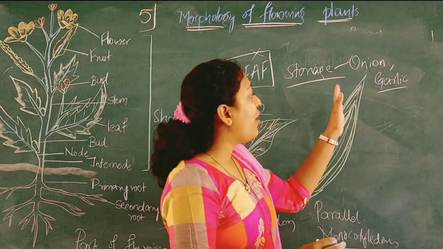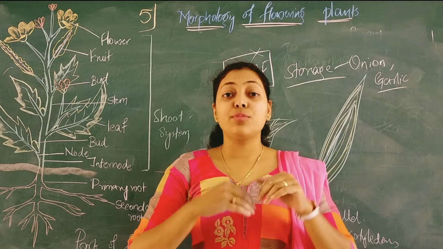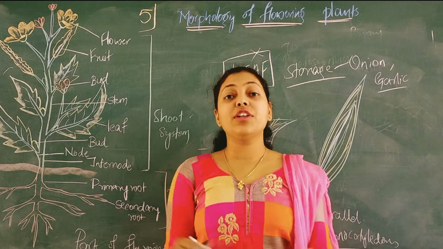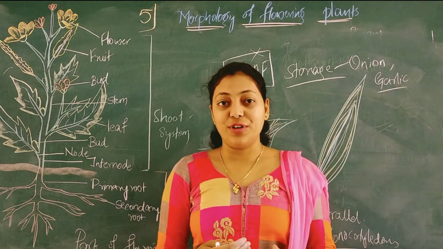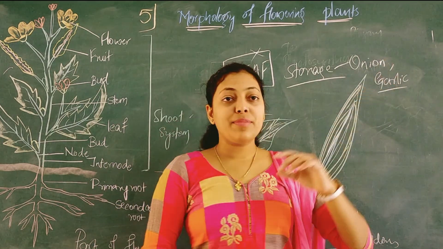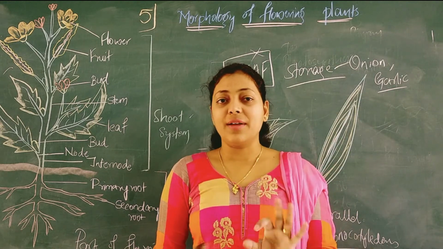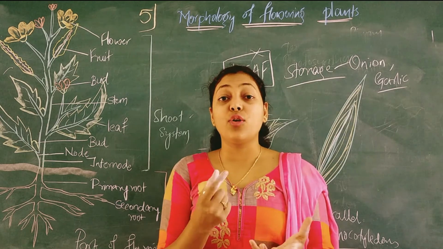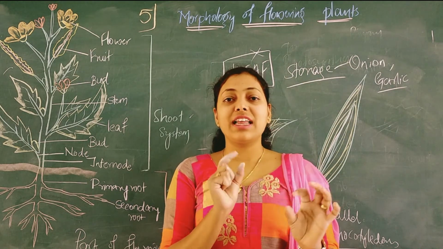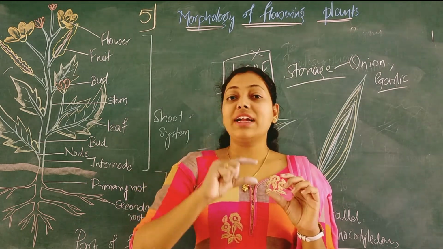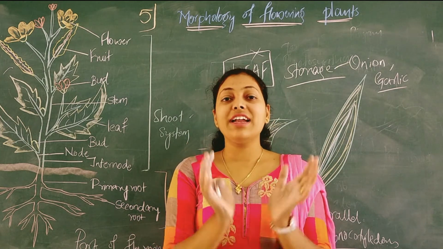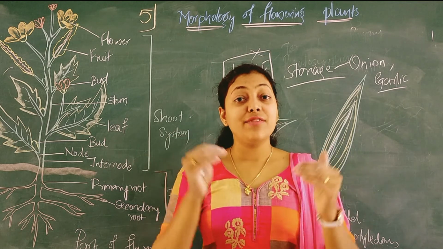So the onion has modified its function from synthesizing food to storage of food, and that's why we see examples such as onion and garlic. You can take a garlic at home, pluck all the cloves, separate one garlic clove, and you get a thicker structure, that is called the stem of a garlic, and sideways you get leaves of a garlic which have stored food.